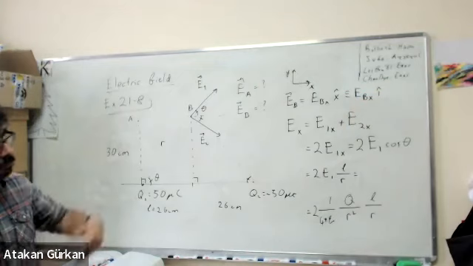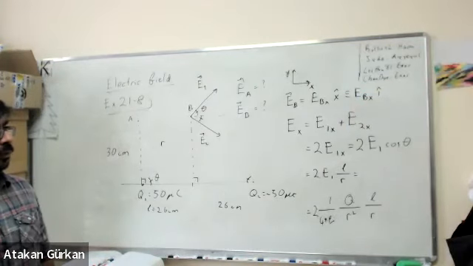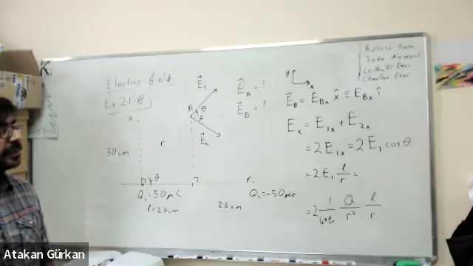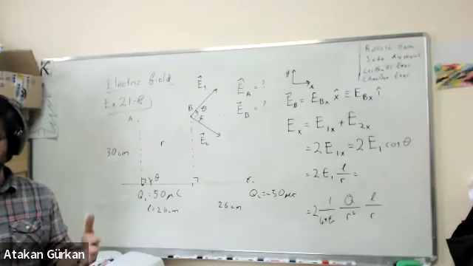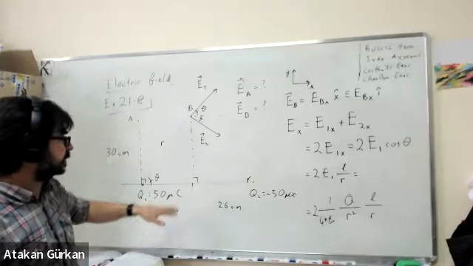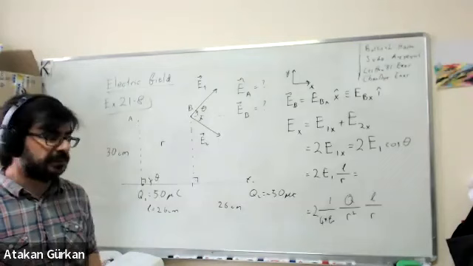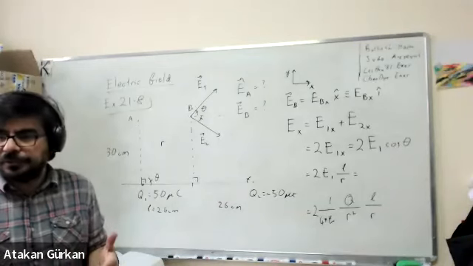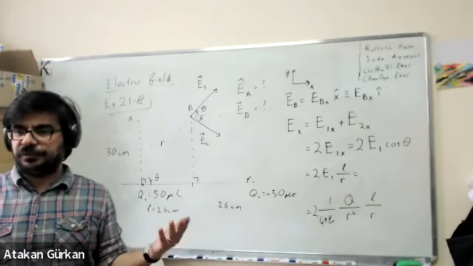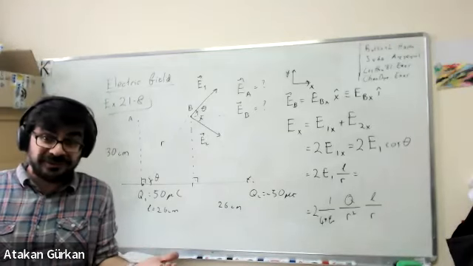All right, so this is how you handle things. But the way I solve these kinds of problems is really, I don't try to substitute numbers too early. Like I could start by calculating this r, taking the square of 26 and the square of 30, adding them up and taking the square root. But you don't know if you're going to need r or r squared in the end. Maybe you're never going to need r, but just r squared, and you don't need to take the square root.